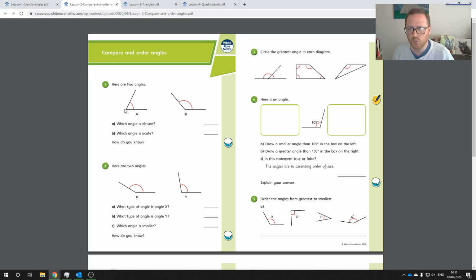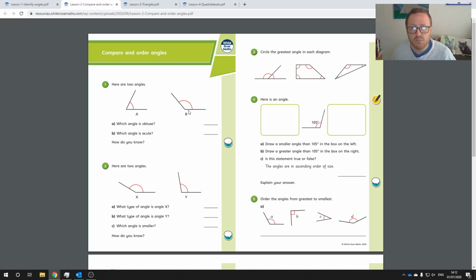You're facing one way, and you've had to turn to face this line instead. Imagine your hands are out in front of you, and you start at the corner, and you have to turn to get to the other line. How much have you had to turn in these cases? Which one is the bigger angle? Well, I'm going to give you the answer right now.